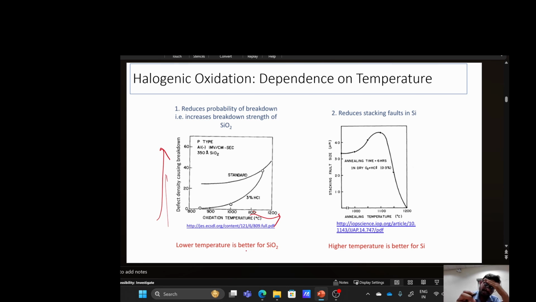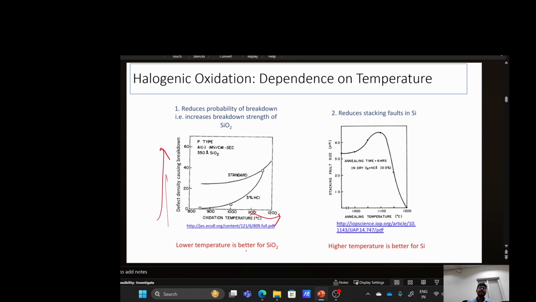What I want to tell you is there are sodium ions and potassium ions. Because of their ionic mobility in the SiO2, if we are using it for dielectric purposes, like in a MOSFET, there is a term called dielectric breakdown. Dielectric breakdown happens when the gate leakage current suddenly increases.